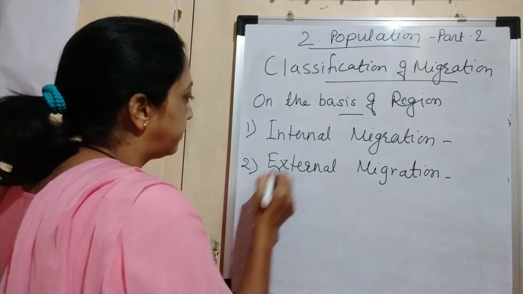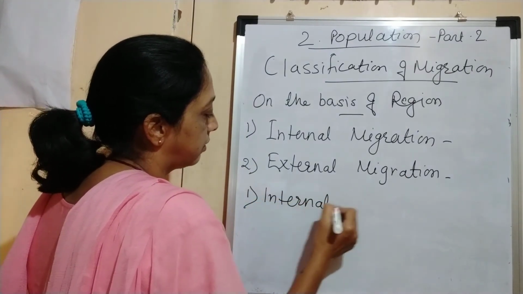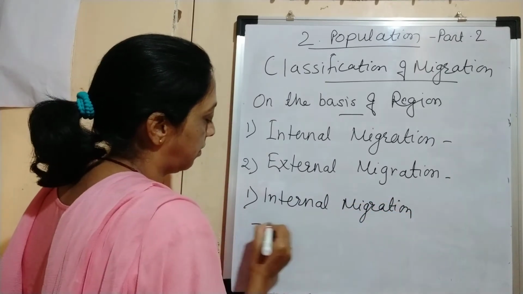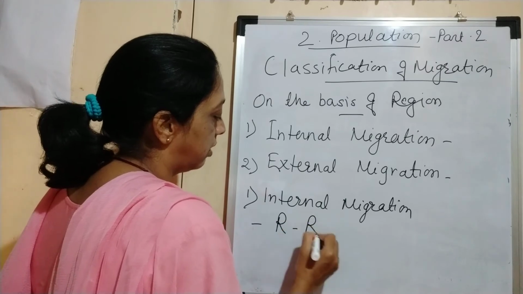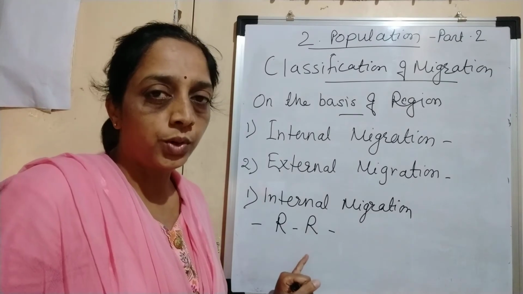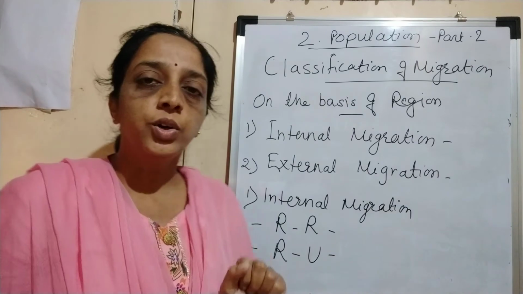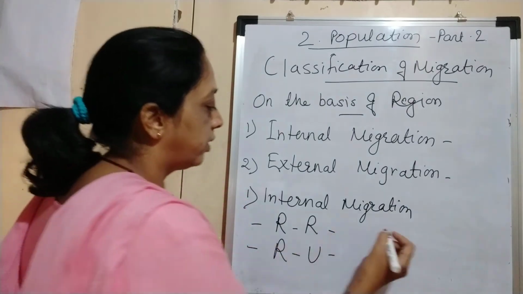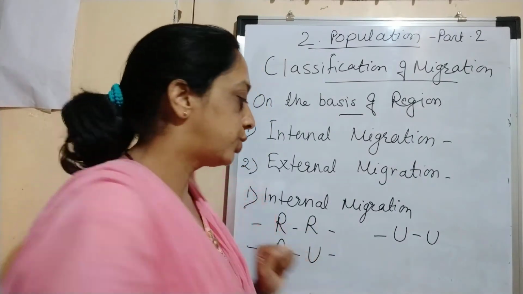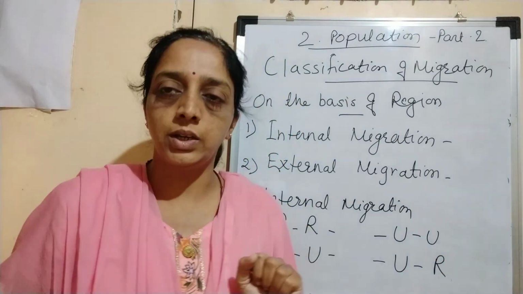First is rural to rural migration. Second is rural to urban migration. The third is urban to urban migration. And the fourth is urban to rural migration.